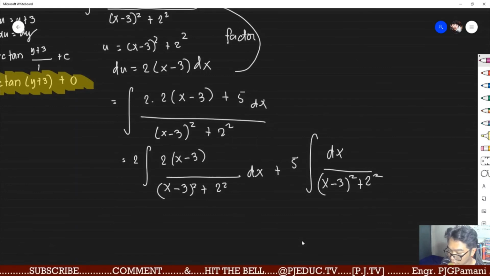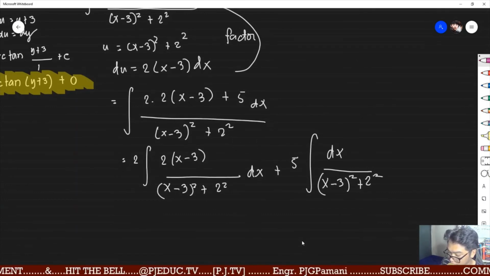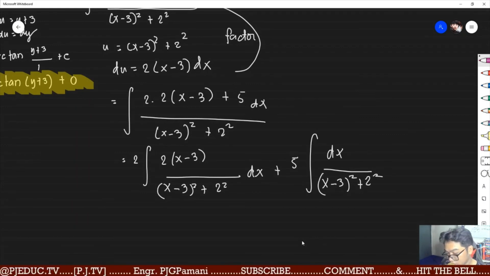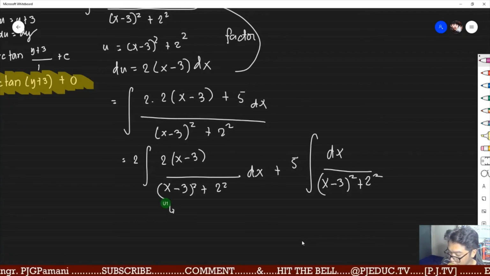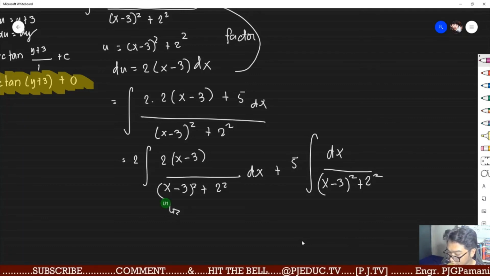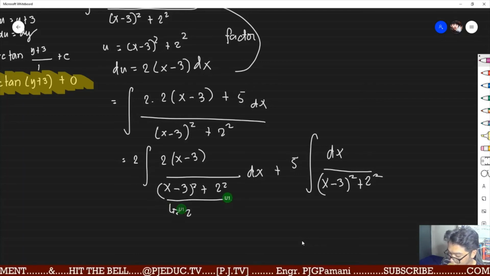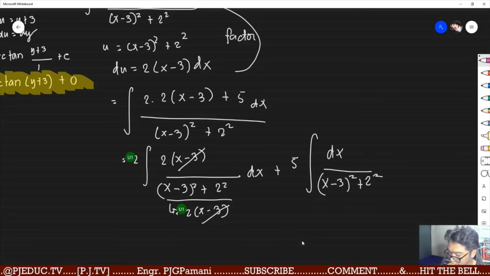Oh, nakikita na niyo na ang susunod dyan. Anong susunod dyan? The differential of this term is what? 2x minus 3. Basically, makakancel na yung ating numerator.